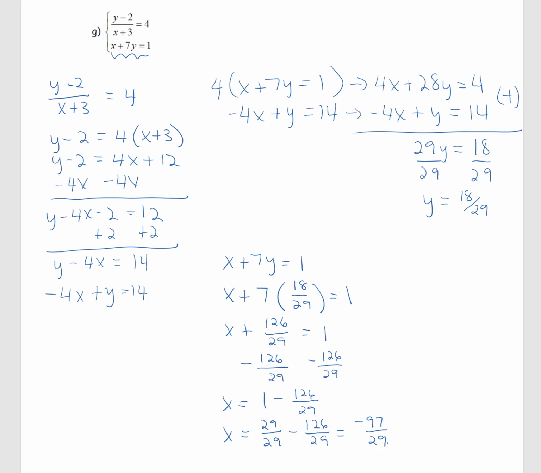So I have y equals 18 over 29 and x equals negative 97 over 29. So not really nice numbers, but negative 97 over 29 and 18 over 29 is our point of intersection for these two equations.